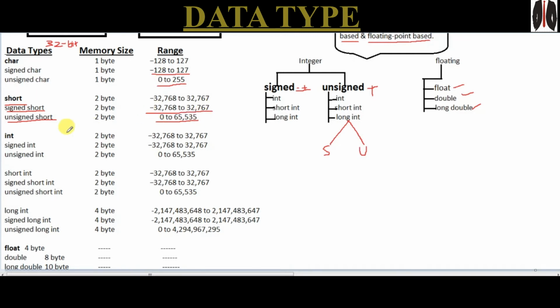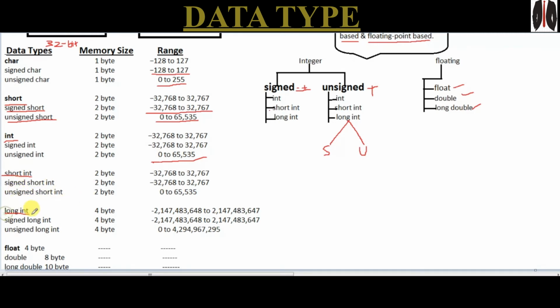So this is range, and here is int. I explained that the memory size is 2 bytes and the range is about -32,000 onward, same as short. There is also short int, 2 bytes, same range, signed short and unsigned short. Here is long int.